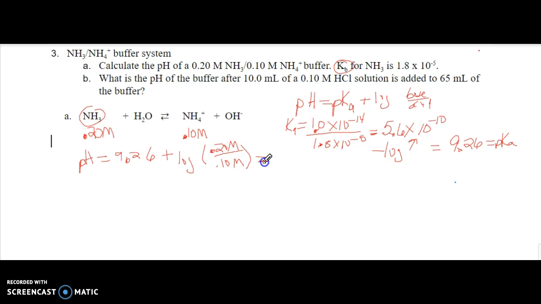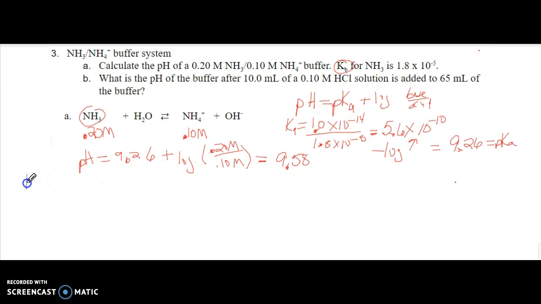And when I solve that, I get 9.58. Now, notice this is higher than the 9.26 that we would predict, but again, there's more base than there is acid, so that makes it a little bit higher than what we would expect.